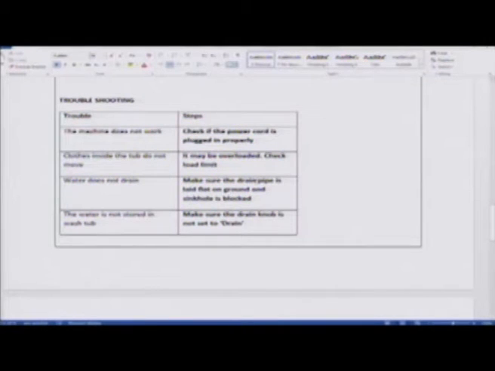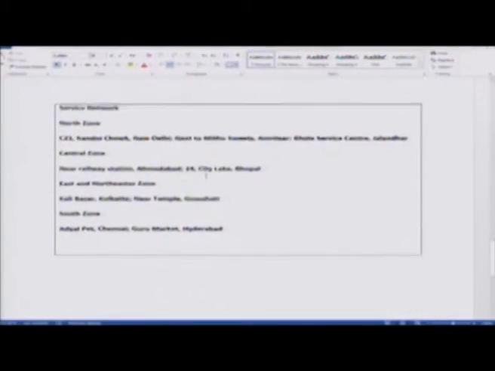And so on, simple steps which the user has to follow. Then if these things do not help, who should you contact? So, these are contact details of service centers. Usually they list major service centers and their contact numbers and addresses among other things.